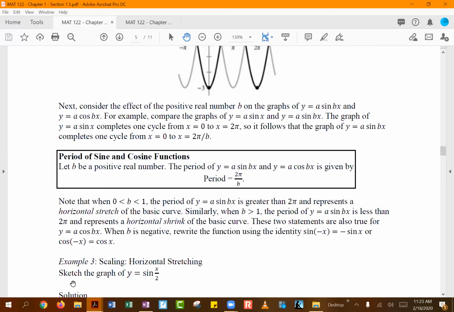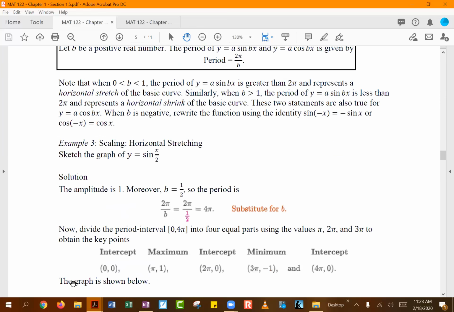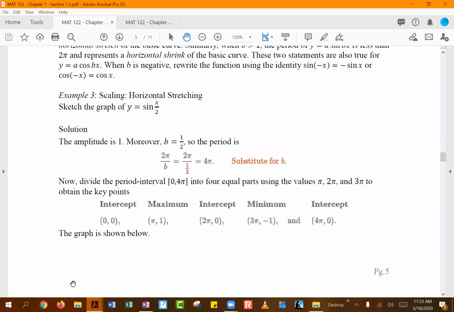And we had looked at this example, y equals sine of x over 2. So x over 2, that's the coefficient on the x variable, which is actually going to be 1/2. So that becomes your b value of 1/2. When I divide my 2 pi by 1/2, it actually increases the period for this function, and it ends up becoming 4 pi.